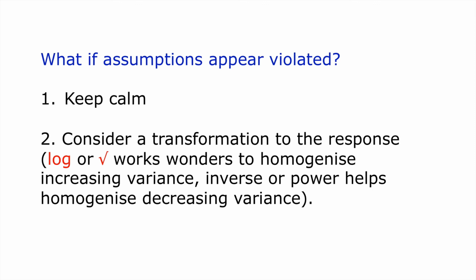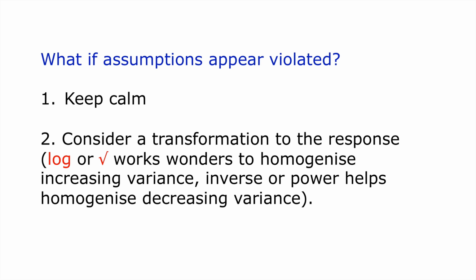So, for example, if the residuals tend to get higher, for example, if we're doing a linear regression and they get higher with the level of the predicted response, then typically a log or square root works wonders. However, the reverse, where we often take the response to a squared or even higher power, can help to homogenize decreasing variance as it decreases with increasing predicted values.